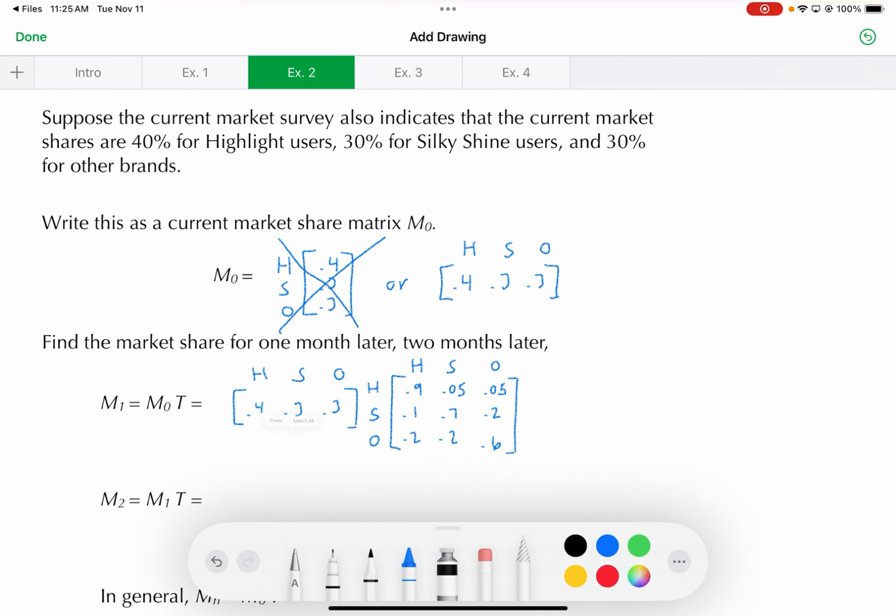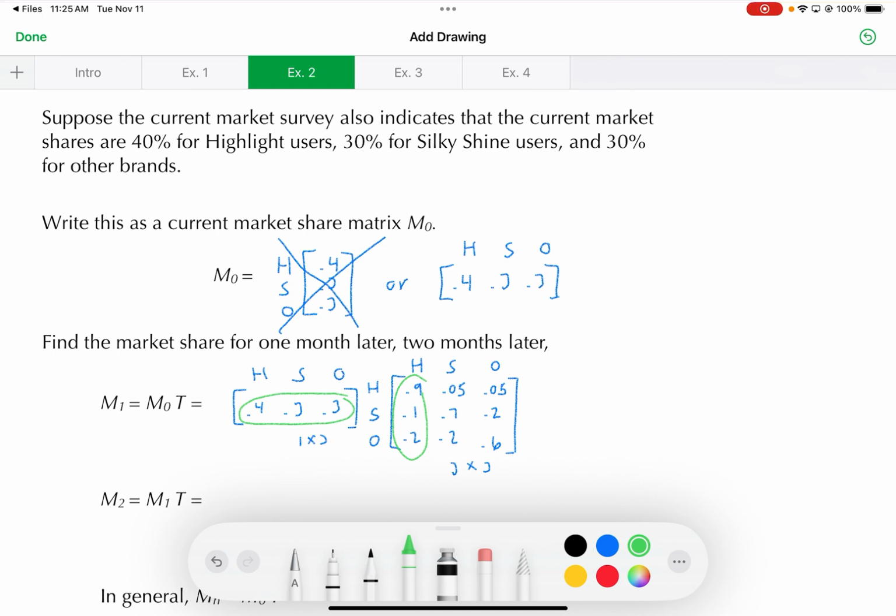Okay, so this is a 1 by 3 being multiplied by a 3 by 3. That means the result is going to be a 1 by 3, right? And we can work this out. So we would take first row with first column. Okay, so notice why we had to set things up the way we did.